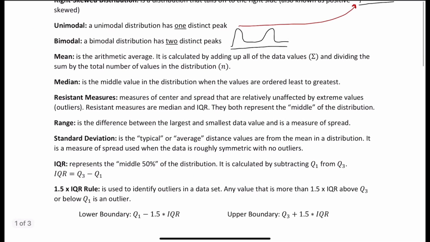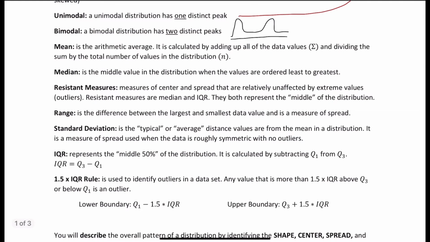And we have our measures of center here and resistance of those measures: range, standard deviation, IQR, 1.5 IQR. The only one I really want to focus on is the range.